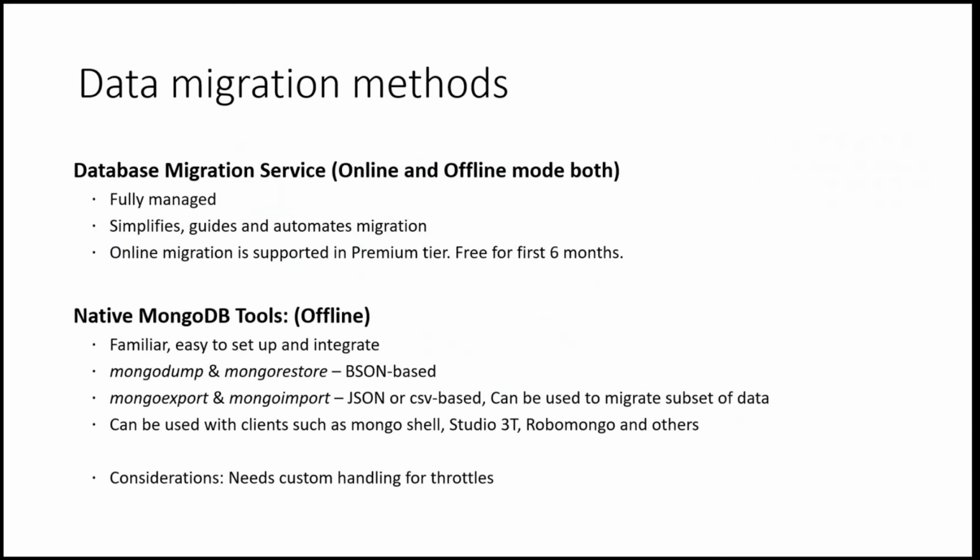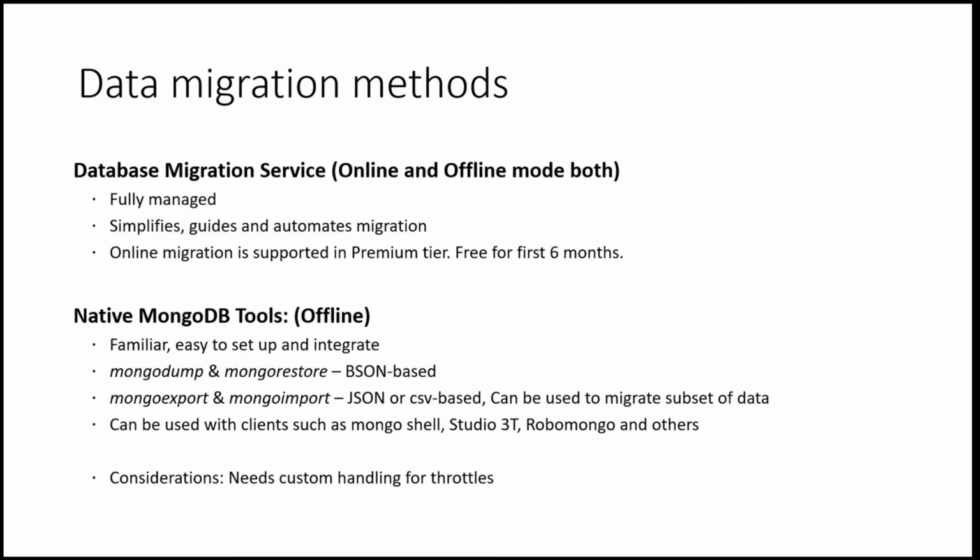So what are the data migration methods available in this type of migration from self-hosted or Atlas MongoDB to Cosmos DB? So the first one is Database Migration Service. This is a fully managed, ready to use service that's available in the Azure portal itself, and it supports online and offline migration. So this is great for doing that incremental sync of data before you cut over to Cosmos DB, right?